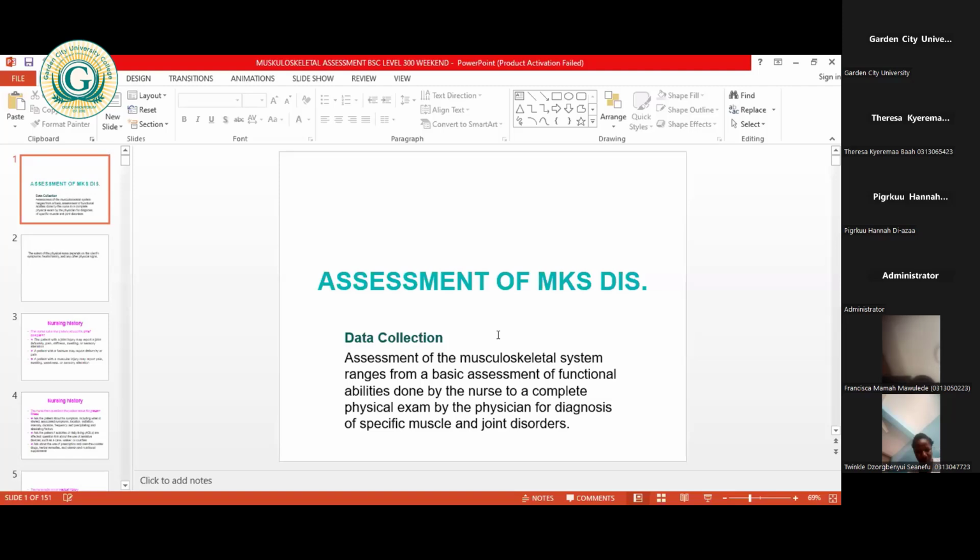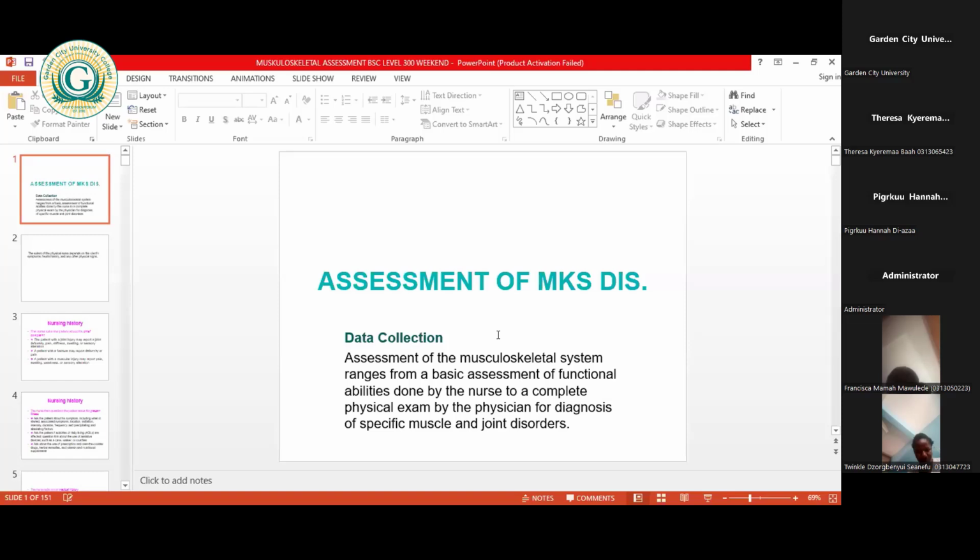So the nurse will first initiate the functional assessment, and the nurse will ask the patient to move for a short distance and go and come. As the patient moves away from you, you observe the gait. You observe how the patient coordinates the movement. You observe how the patient articulates the muscles and the joints in terms of movement. If there's any abnormality, you know.